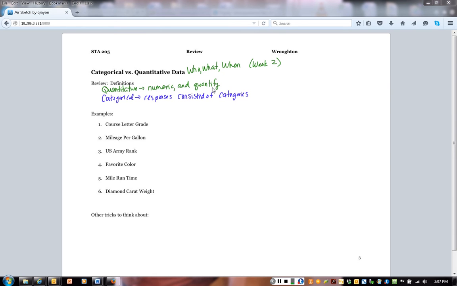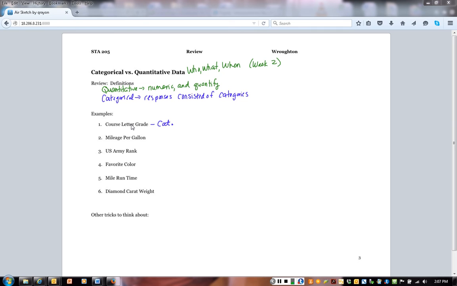So I gave some examples here for us to think through which variable type they are. For course letter grade, you're given an A or a B or a C or a D. What kind of variable would that be? That's going to be a categorical variable. How much mileage per gallon do you get? If I were to ask you that question, what kind of answer would you give me?